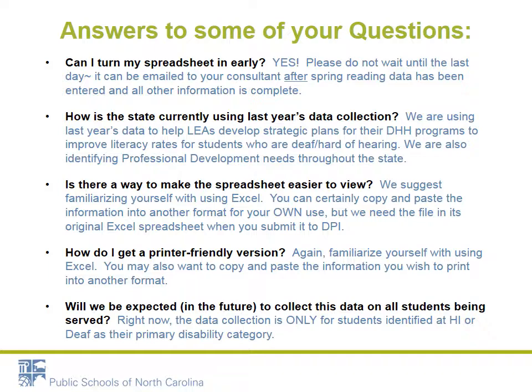Again, familiarize yourself with using Excel. You may also want to copy and paste the information you wish to print into another format. Will we be expected in the future to collect this data on all students being served? Right now, the data collection is only for students identified as hearing impaired or deaf as their primary disability category.